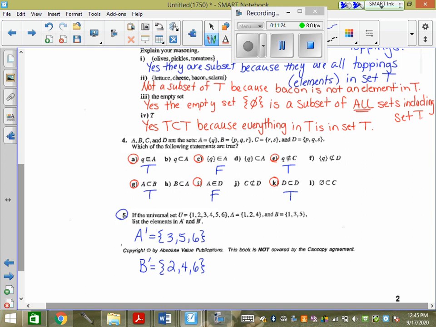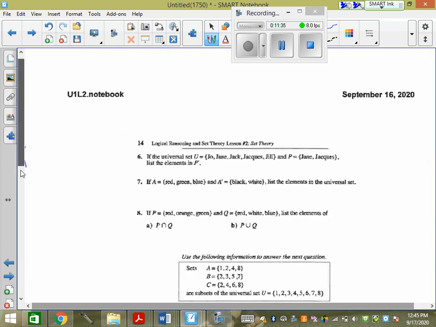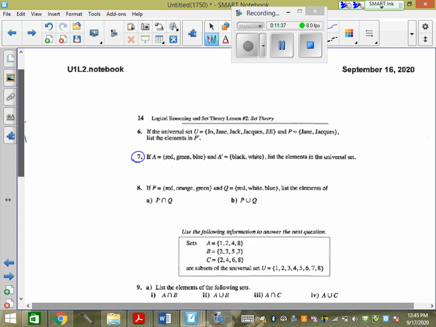Then next page. Then we did number 7. Number 7 says, if the set A contains the elements red, green, blue, and the complement of A contains the elements black, white, list the elements in the universal set.